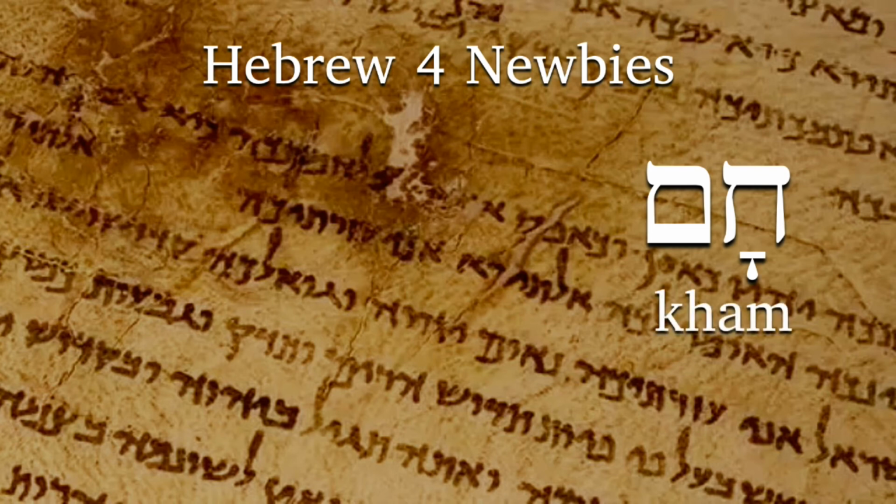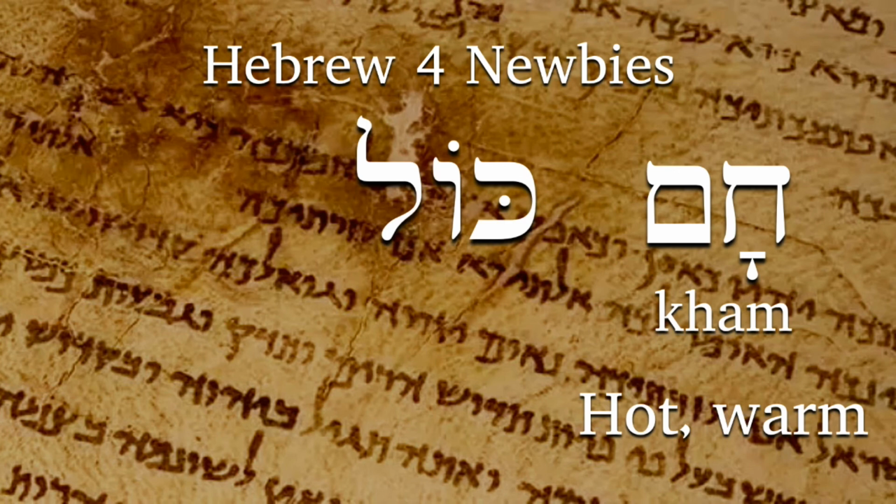Cham means hot or warm. It's also one of Noah's sons. His name was Ham. So maybe he was stubborn or angry or just a hothead. All right. So here's a new letter, Kaf, but it has a dot in it. So it's a K sound. You have the Cholam Vav, the dot over it.